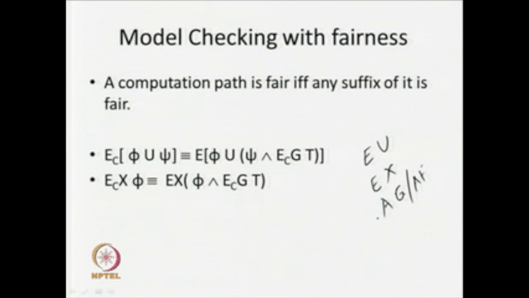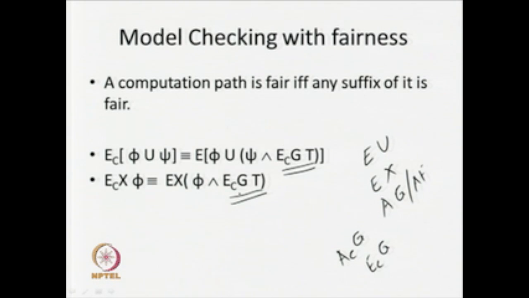We have seen that if we know the procedure for A c g and E c g, then we can derive the procedures for the others, because E c u is expressed with the help of the normal E until operator and E c x with the normal E x operator, along with the fair suffix, that is E c g true, where the fairness constraint applies.